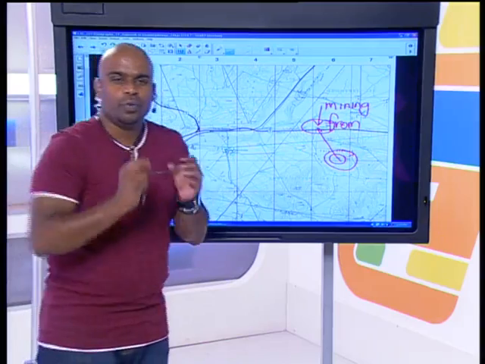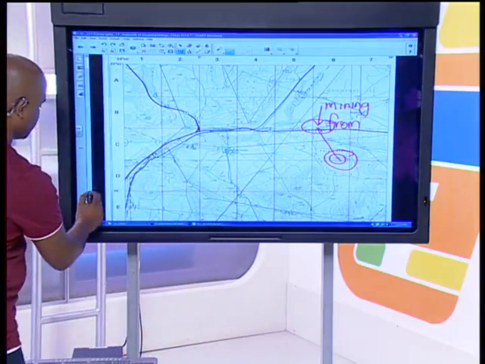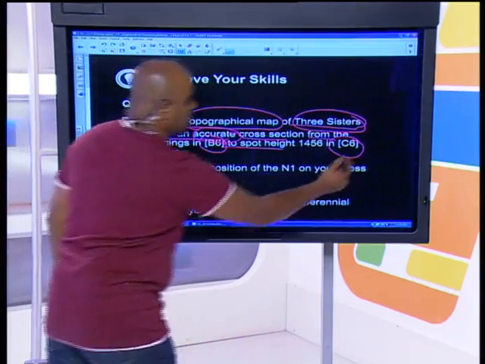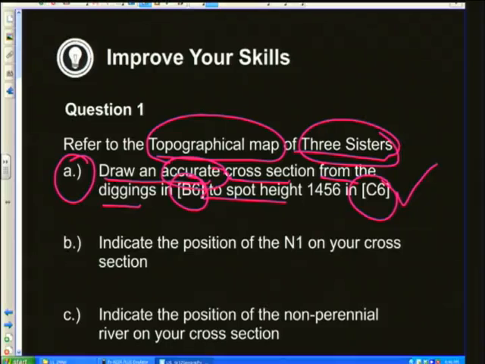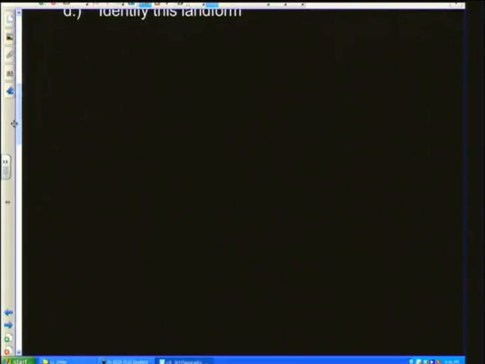So guys, we've been able to draw a cross section, and I'm going to quickly draw for you a rough sketch. We've managed to answer this particular aspect. Now what I'm going to do for you is draw the actual cross section. Remember, our diagram is as follows.